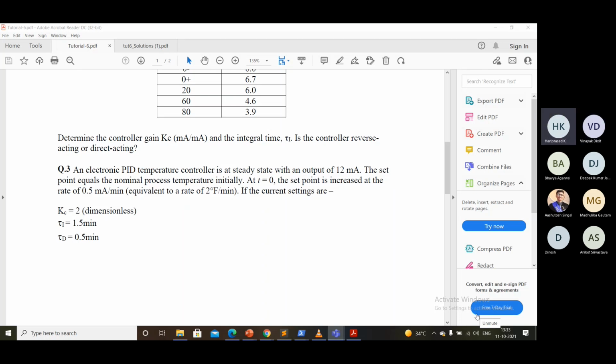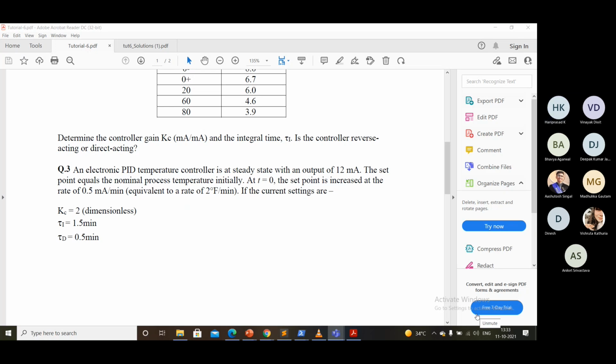For instance, if the tank level is increasing above the set point, and your controller is also giving more instructions to the valve, so that the valve opens more.